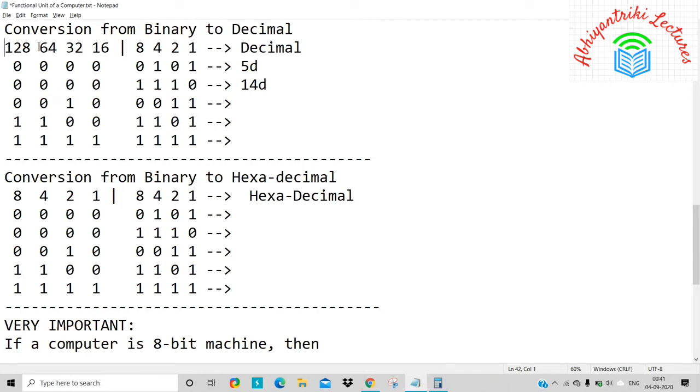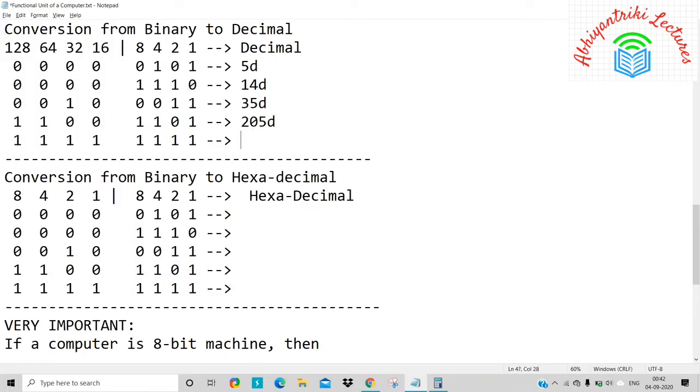Here 1 plus 2 is 3, 3 plus 32 is 35D. And for this one, 128 plus 64 is 192, 192 plus 8 is 200, 205D. So the answer is 205D.